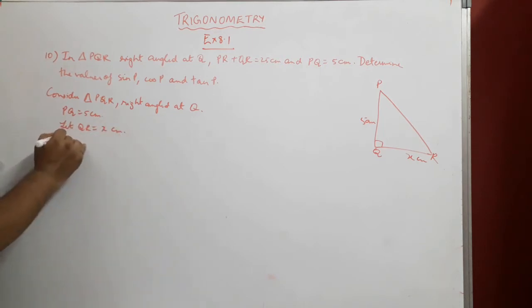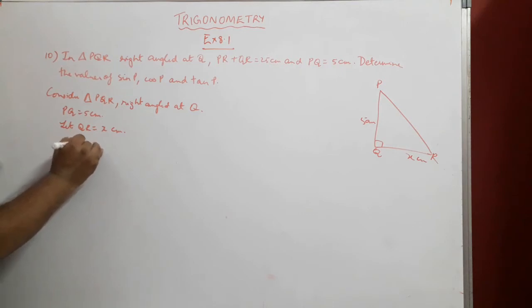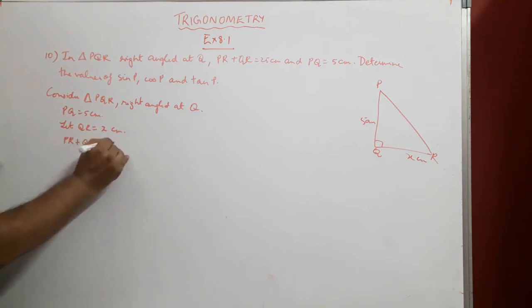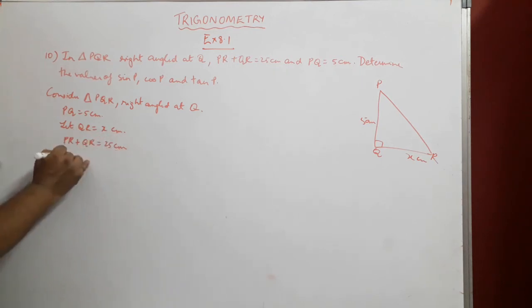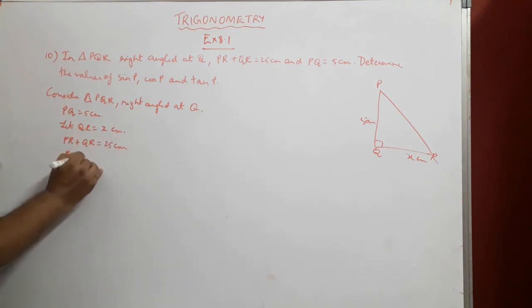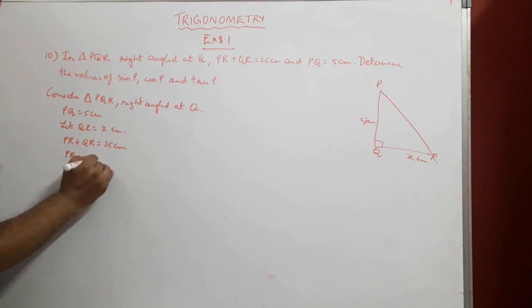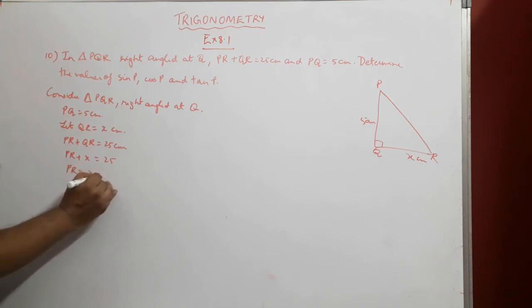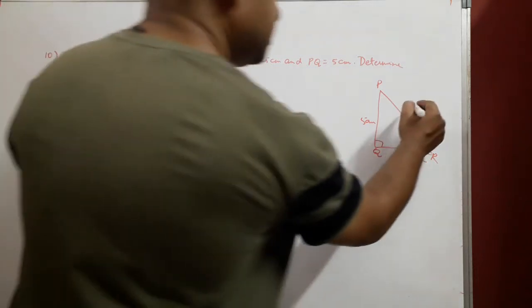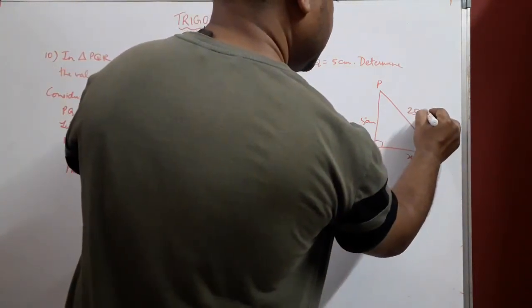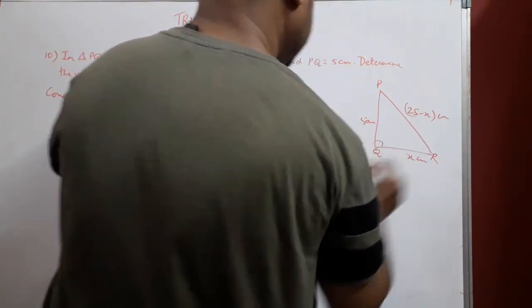We have also been given PR plus QR equal to 25 centimeters. Now if we have assumed QR equal to X centimeters, we'll put QR in this equation, which will be PR plus X equal to 25. So PR can be written as 25 minus X centimeters.